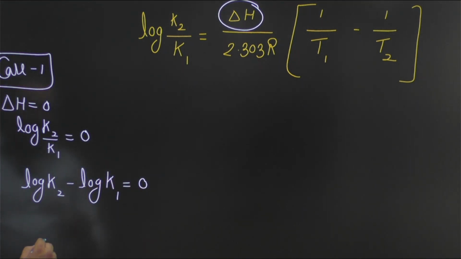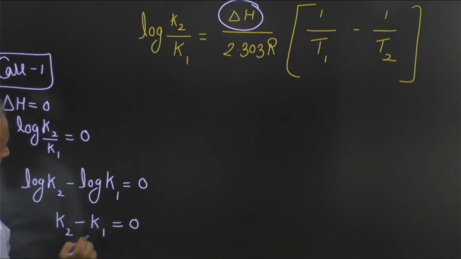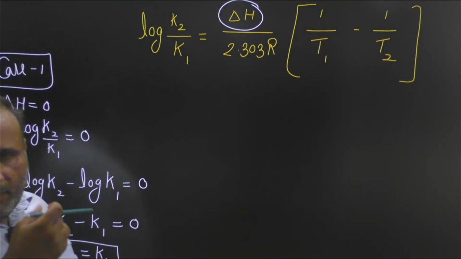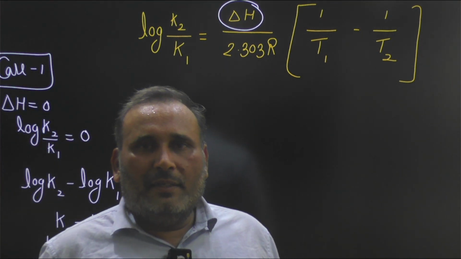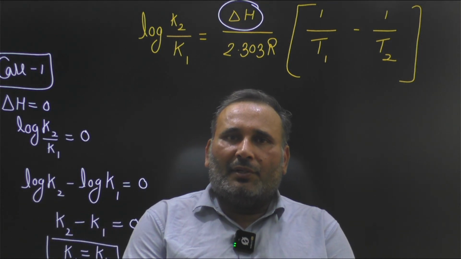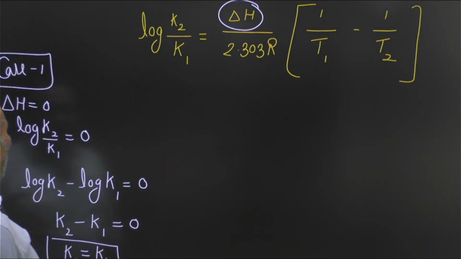So in that case we can say K2 minus K1 is equal to 0. It means K1 is equal to K2. Means if delta H is 0 for any reaction, then K1 is equal to K2.